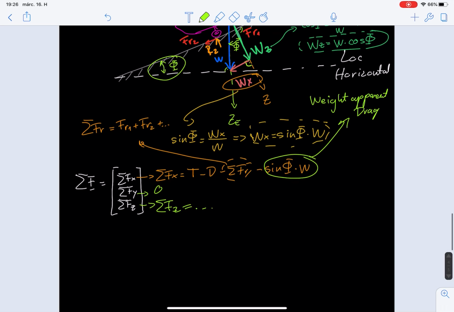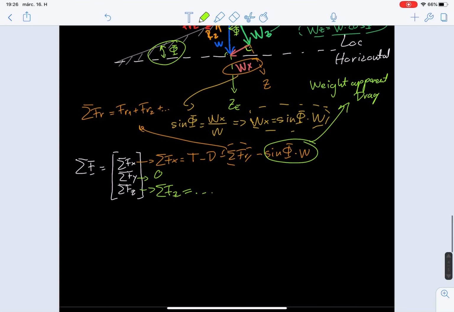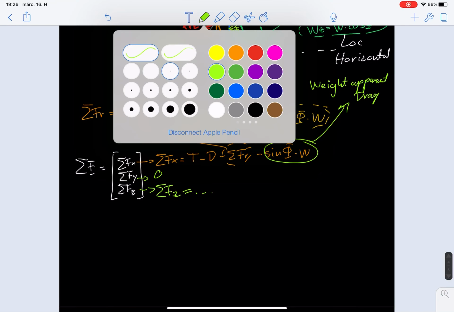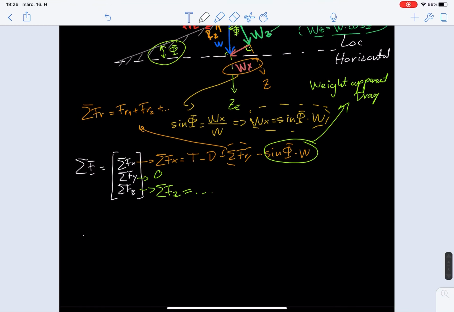But what is more important is, of course, the acceleration: the acceleration in the x direction, in the y direction and in the z direction. And the acceleration in the x direction can be calculated as the sum of the forces in the x direction over the mass of the aircraft.